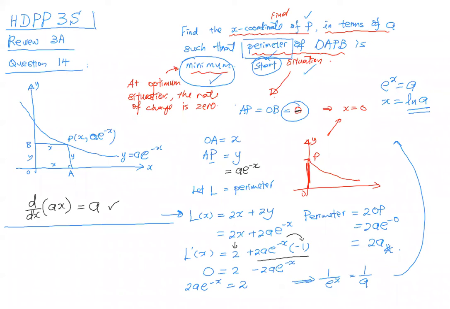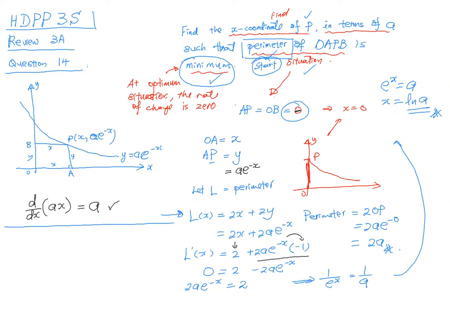Okay. So now you tell me, have I completed my task here? No, you haven't. Okay, then what should I do next? You let e^x equals to a. Why I have to let e^x equal to a?